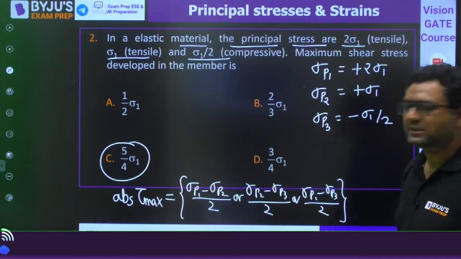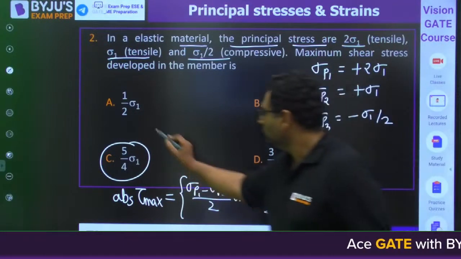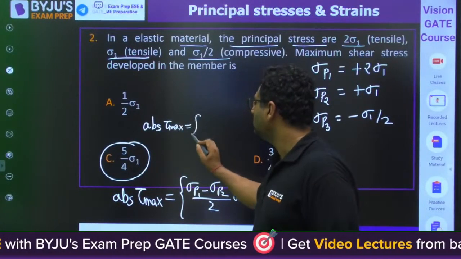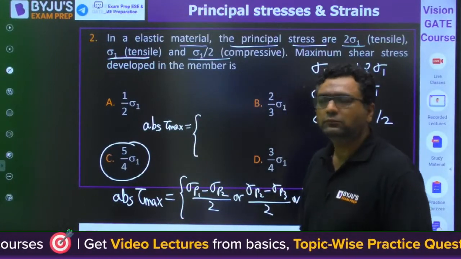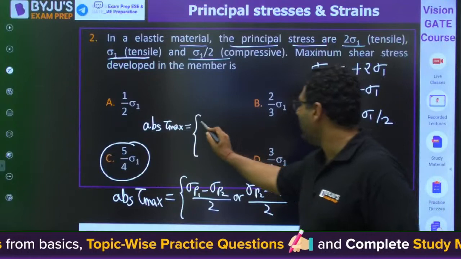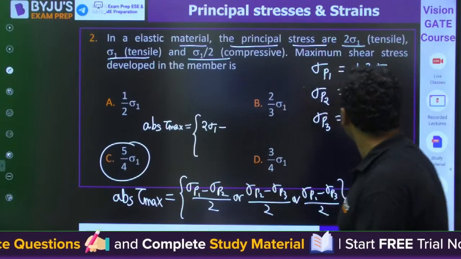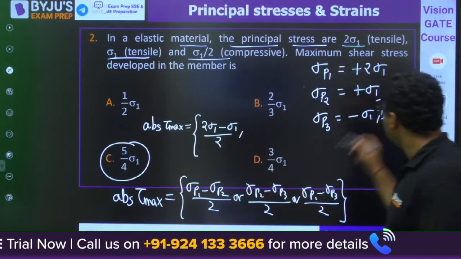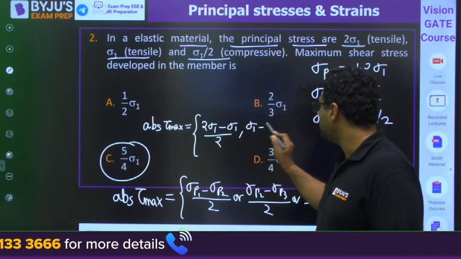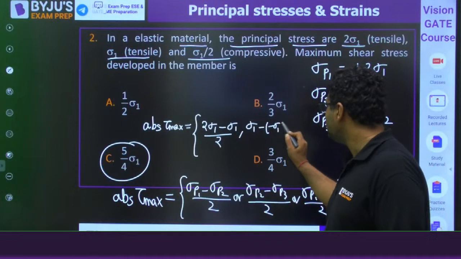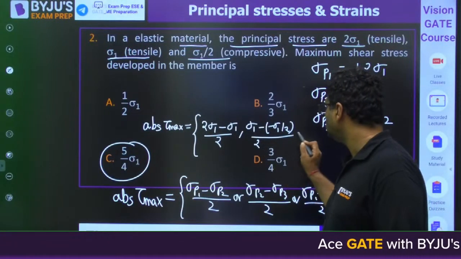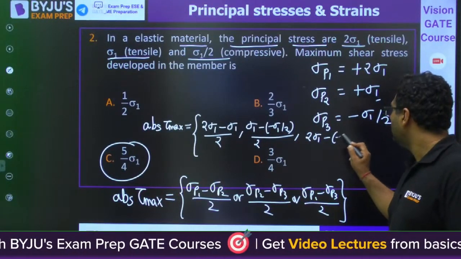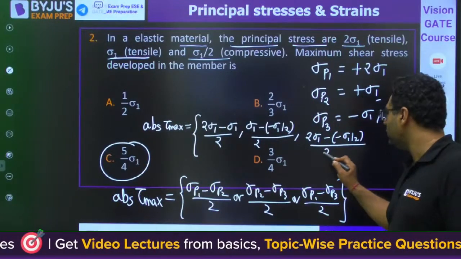The answer will be C for this. You can find out absolute tau max as: sigma P1 is 2 sigma 1 minus sigma P2 is sigma 1, divided by 2; sigma P2 is sigma 1 minus sigma P3 is minus sigma 1 by 2, divided by 2; sigma P1 is 2 sigma 1 minus minus sigma 1 by 2, divided by 2.